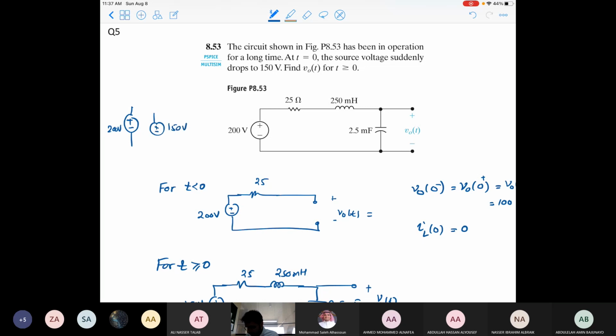You have 150 volts. This is A. This is B. This is what happens. You can think about it this way.